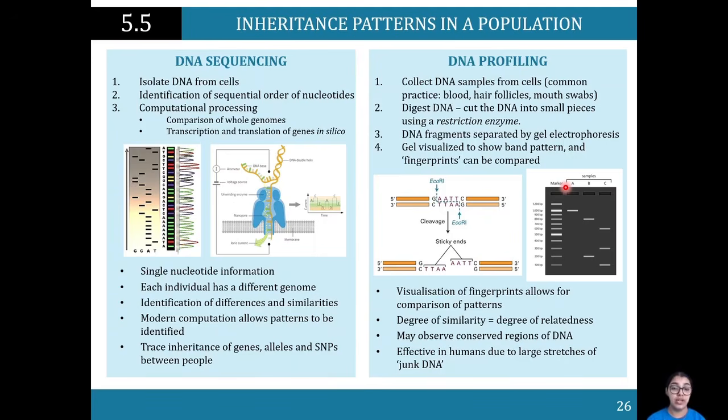So we have this machine called gel electrophoresis. In this process, we put DNA here at the front of the machine, and it goes from positive to negative.